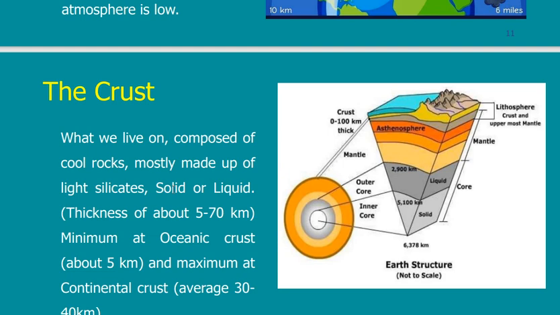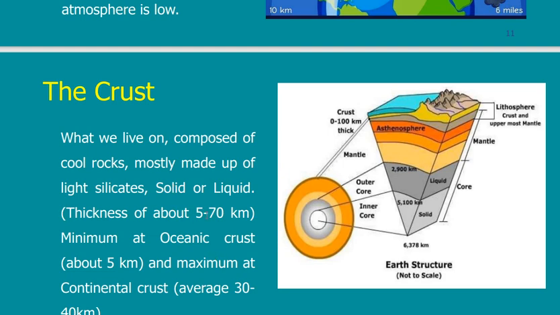So it is solid or liquid. Both. When I say it is solid, it means that it is fully solid itself. When I say it is liquid, it means that it is all liquid. But the crust itself is partly solid and partly liquid.